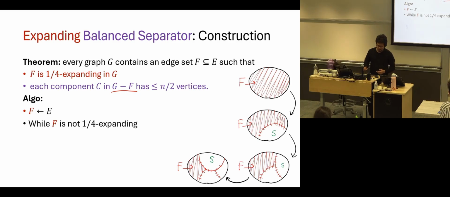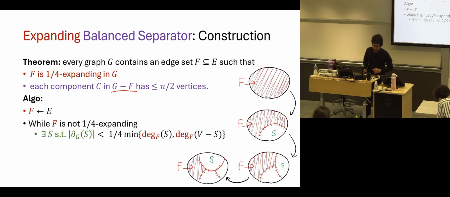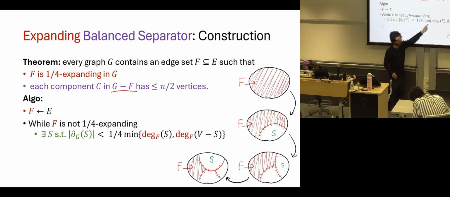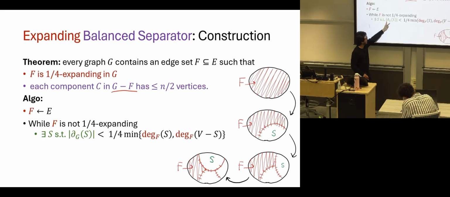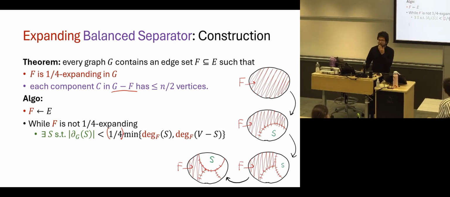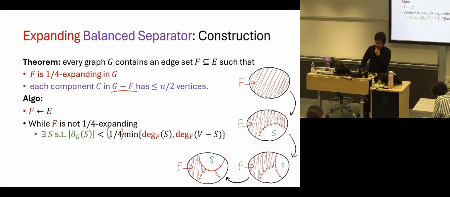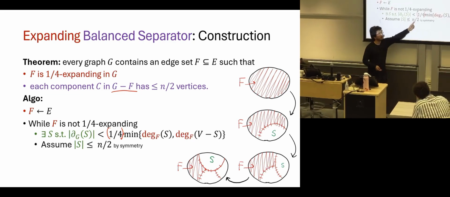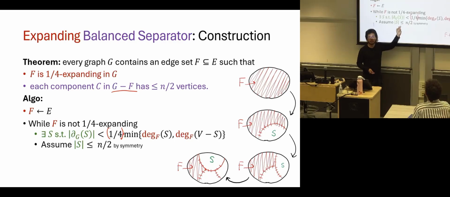But if F is not expanding, then we need to do something. If F is not expanding, then there exists a sparse cut with respect to F, meaning there is a cut such that the boundary is smaller than 1/4 times this thing. Let me assume without loss of generality that S is on the smaller side, the number of nodes is less than half.